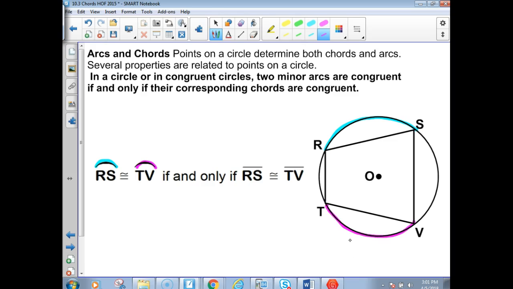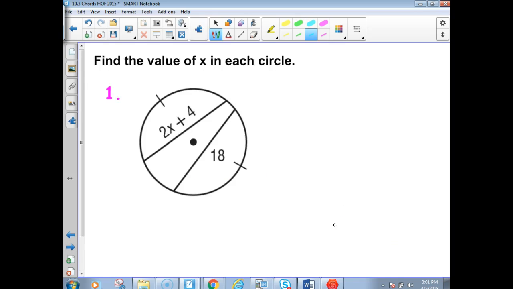Those arcs are congruent if and only if segment RS is congruent to segment TV. Okay, so these are congruent if and only if the chords are congruent. Okay, that's it. And using that, if we see congruent chords, like this chord's congruent to this chord, those arcs are congruent.